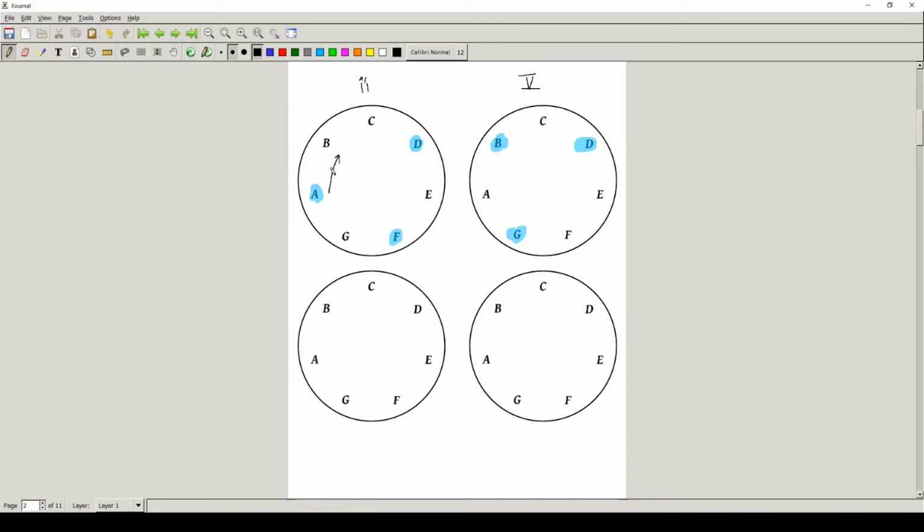So really all I'm doing is trying to use this to visualize stuff that we've already seen.